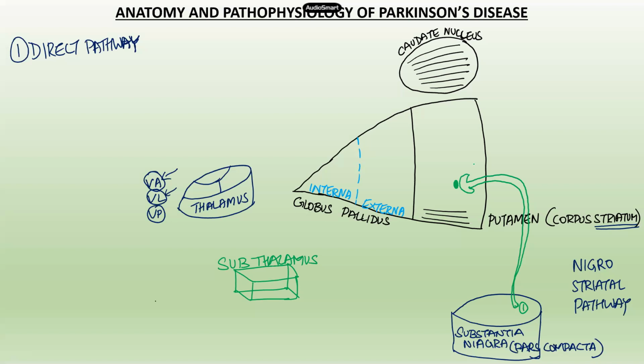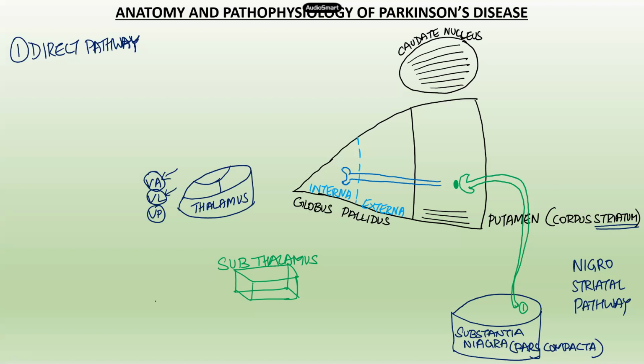Now this dopamine is released on the GABAergic neuron that is plentiful in the corpus striatum. So let us draw a GABAergic neuron that is traveling towards the globus pallidus interna.